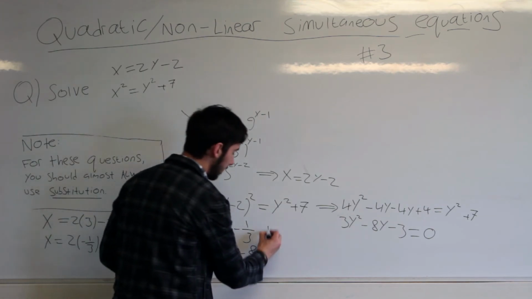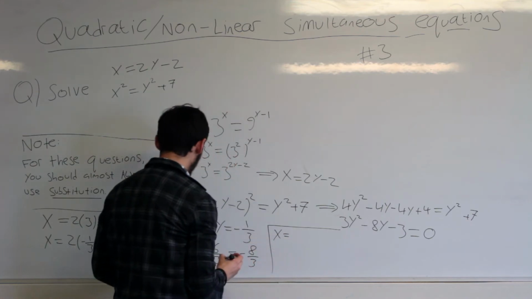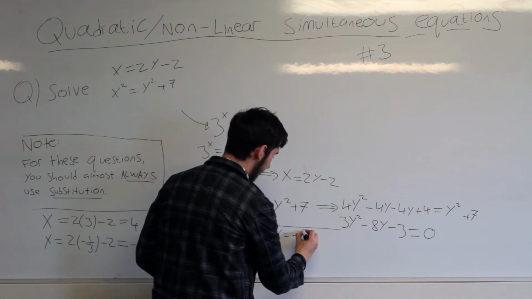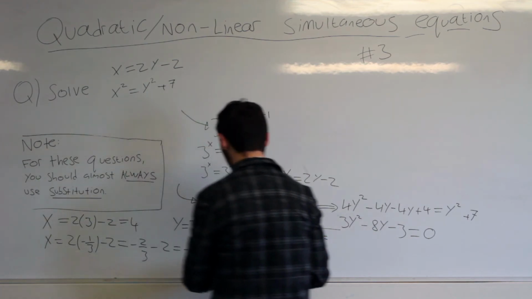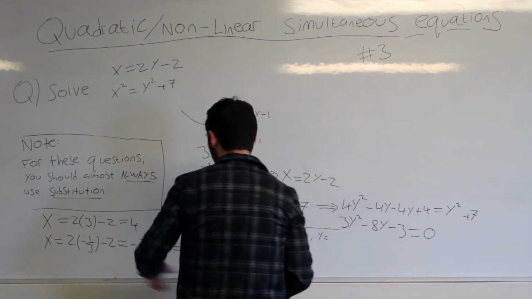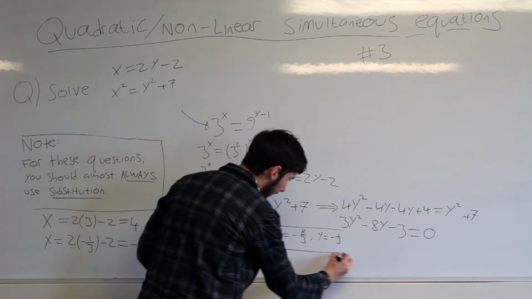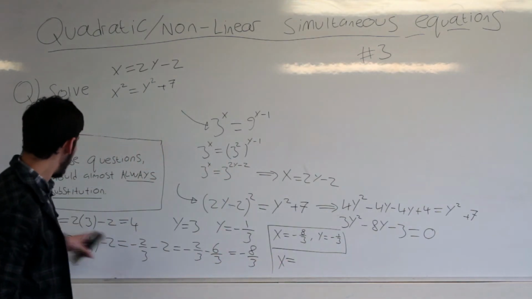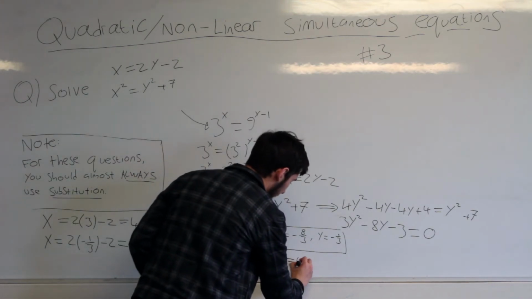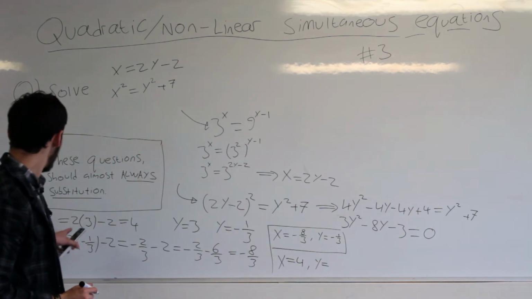So now, guys, this is the answer. X equals minus 8/3. Y equals, so what number did we use for this? We used minus a third. So y is equal to minus a third. And x equals 4. Y equals 3.